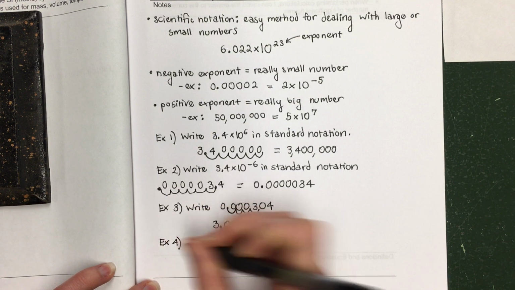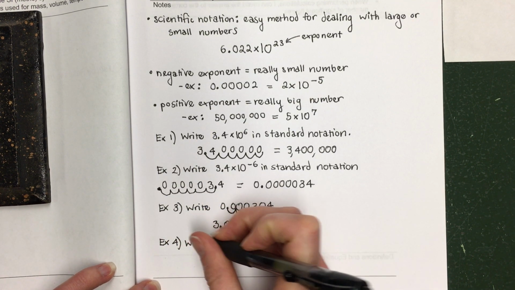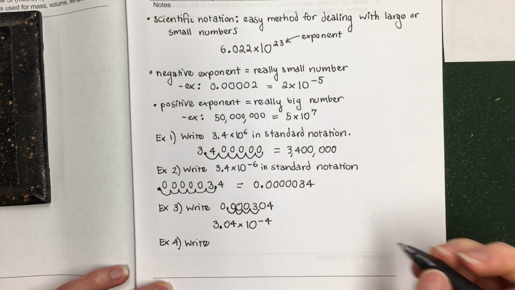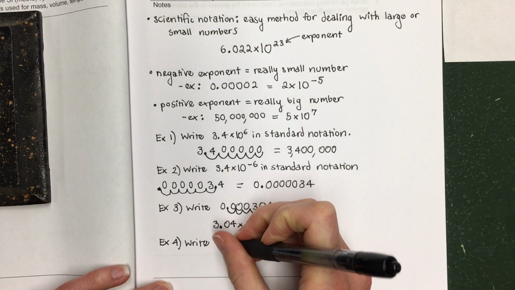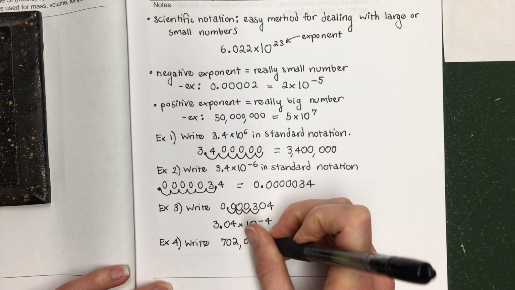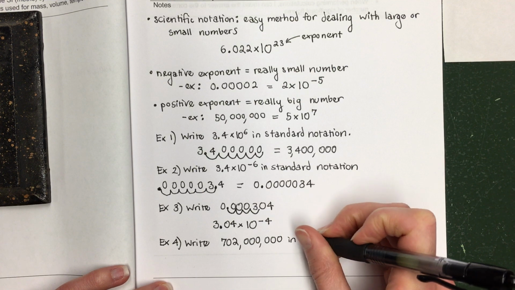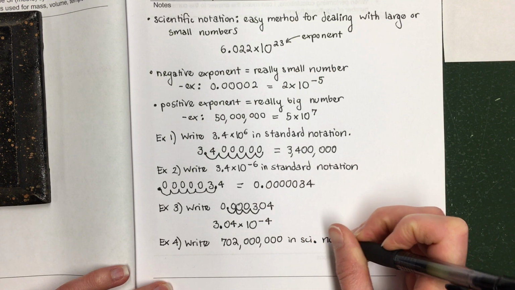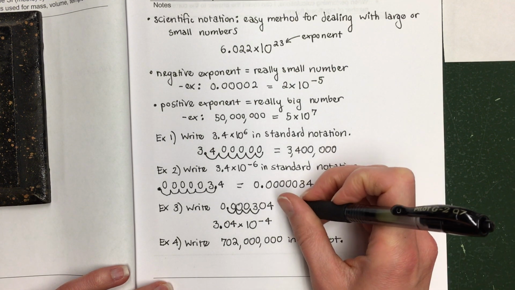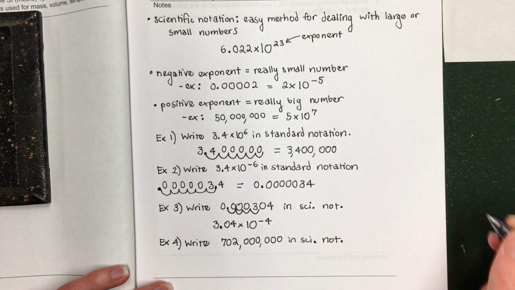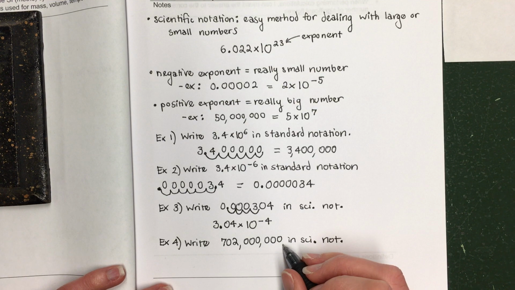Okay, last example. Let's do a bigger number. So this time we're going to write 702 million in scientific notation. I'm going to abbreviate that. This should say the same thing. So my decimal point is right here.